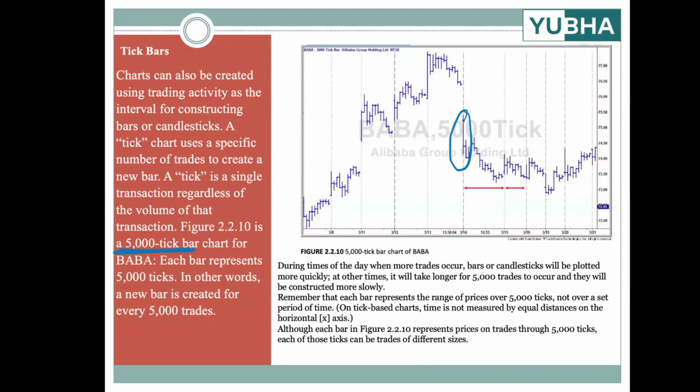But do remember this difference, because there are times that it is asked in the exam, the difference between a tick bar versus a volume bar, or they might give you an example and ask whether this is a tick chart or a volume chart. The difference really is that tick is the number of transactions, and the volume bar is the actual volume.